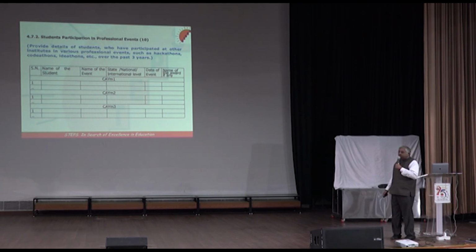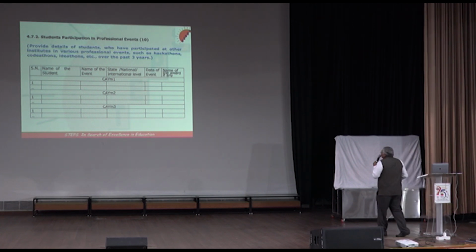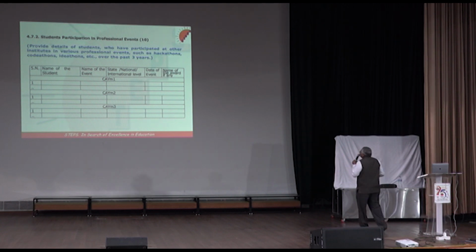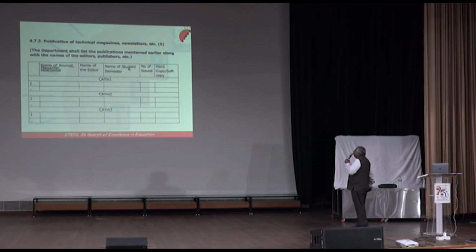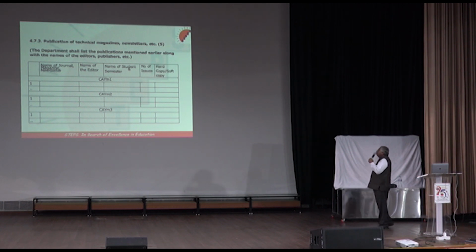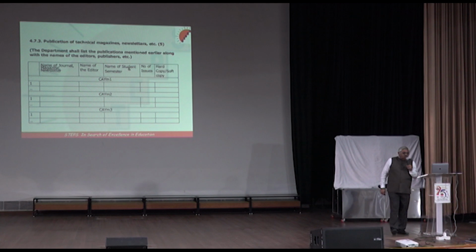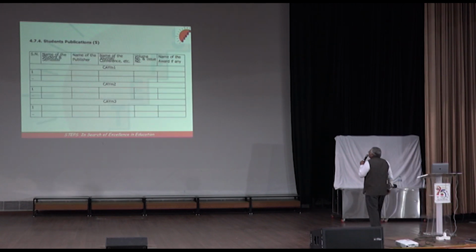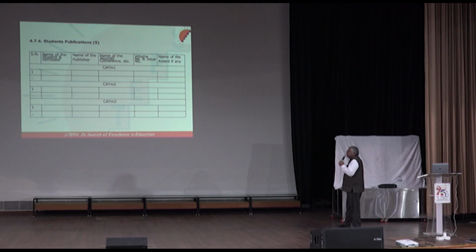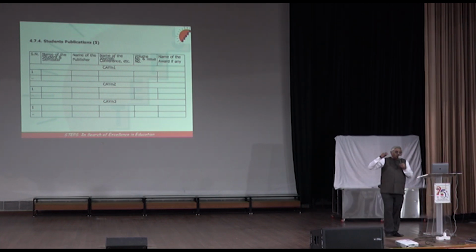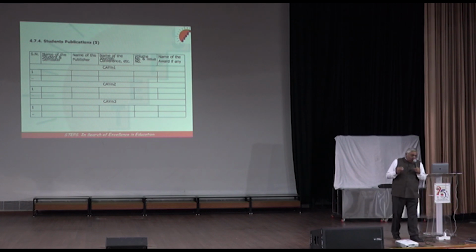They have included this table for the last 3 years. Publications of technical newsletter and magazines. This table was not there. Now the table has come. So we need to be very specific on each and every point. Student publications. This was there, but again, it was not tabulated.